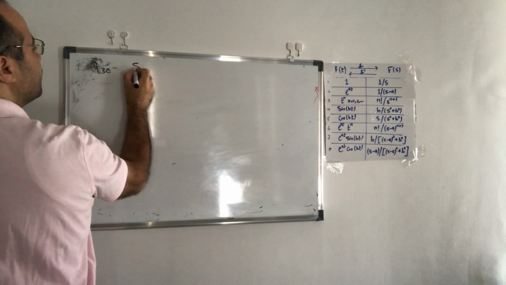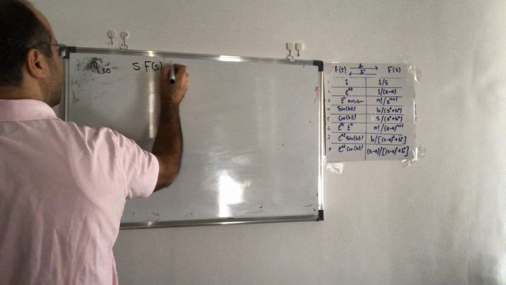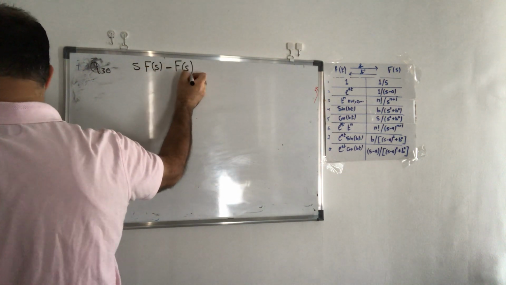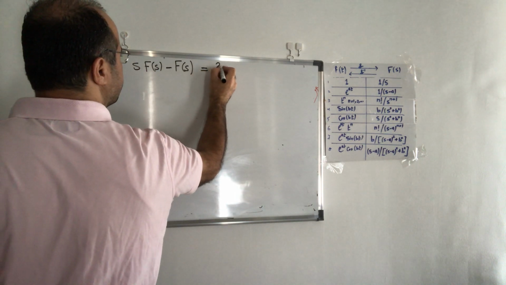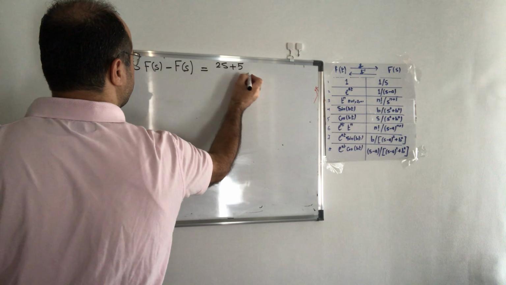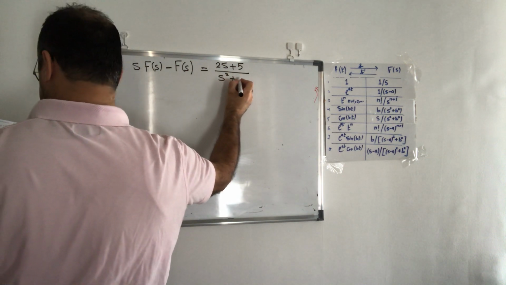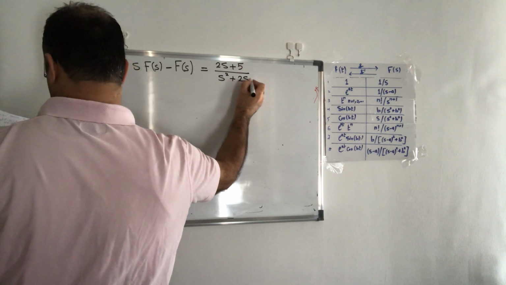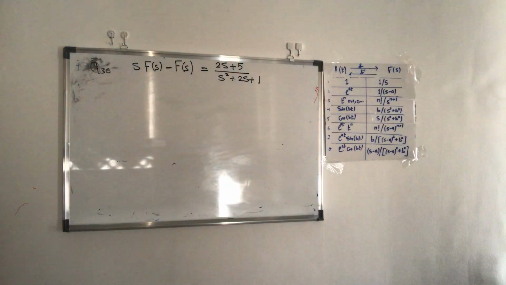But I'm giving it to you in a weird way. I'm giving you an equation for F(s). I'm not giving you a ready F(s): 2s plus 5 over s squared plus 2s plus 1. Good?